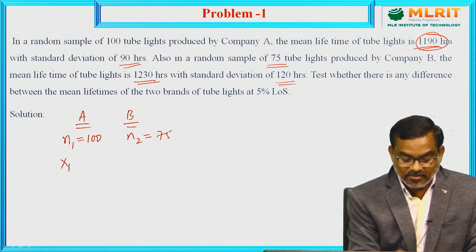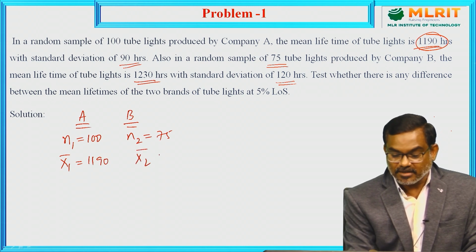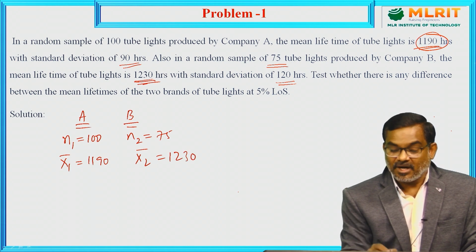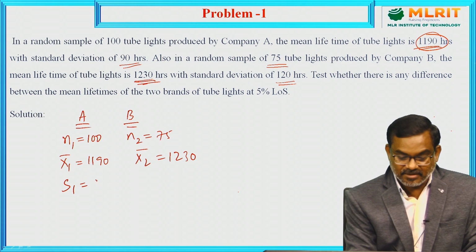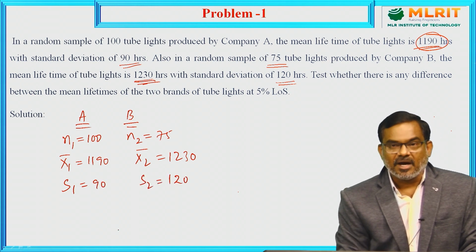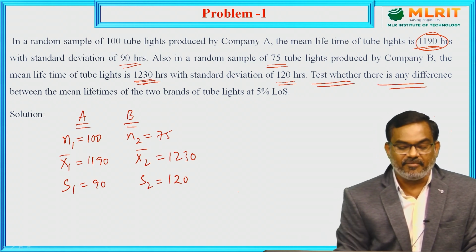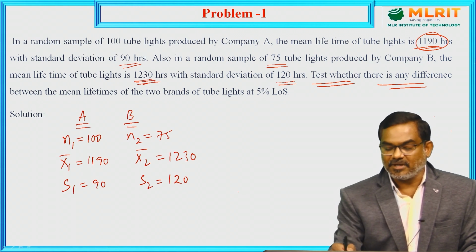So, X1 bar is 1190 and X2 bar here it is given 1230 hours and the standard deviation of the sample S1 is given 90, S2 is 120. And now the question is, test whether there is any difference between the mean lifetimes of two brands of tube lights at 5% level of significance.